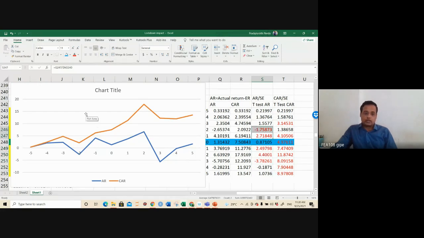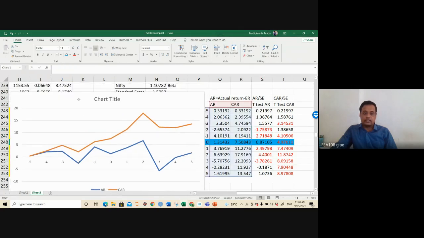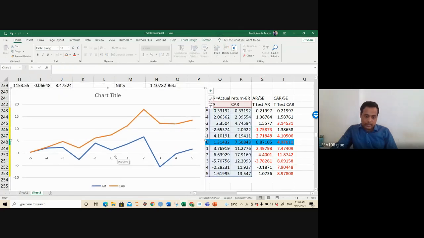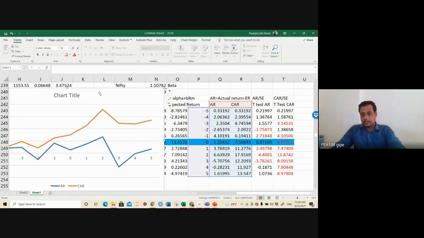So you can conclude by saying the countrywide lockdown has resulted in positive AR by how much? The positive abnormal return on the event day was 1.31%, but on the next day it was 3.76%. Second day 6.63%. 6.63% abnormal return is too high.